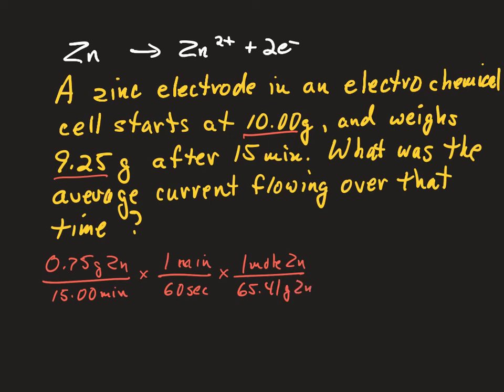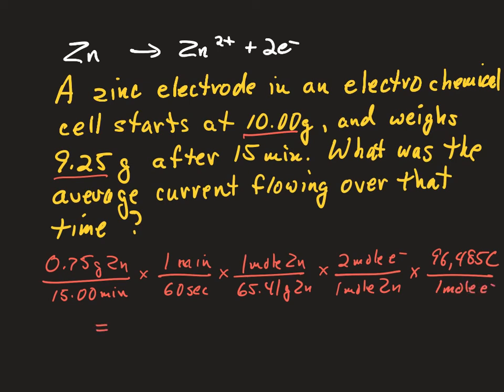That's zinc's molar mass. We know that 2 moles of electrons are lost every time we oxidize 1 mole of zinc. And we know that there are 96,485 coulombs of charge in 1 mole of electrons.